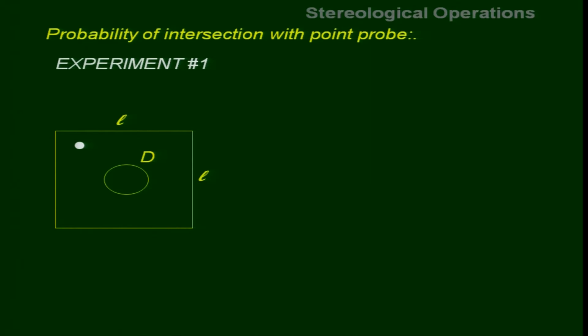So, I am going to consider some hypothetical experiments. These are all thought experiments. Consider experiment number 1, done on a 2-dimensional plane. Let us consider a 2-dimensional square box of size L by L. Inside this box I have a circular shape of diameter d, and I randomly put a point anywhere inside this box.